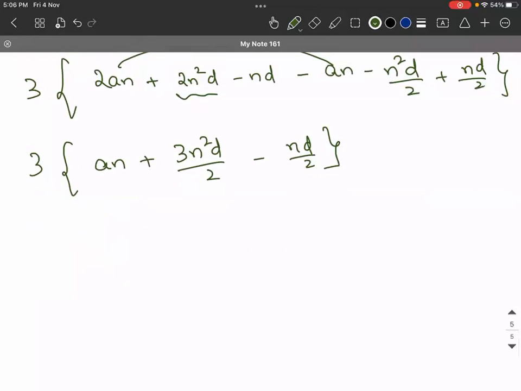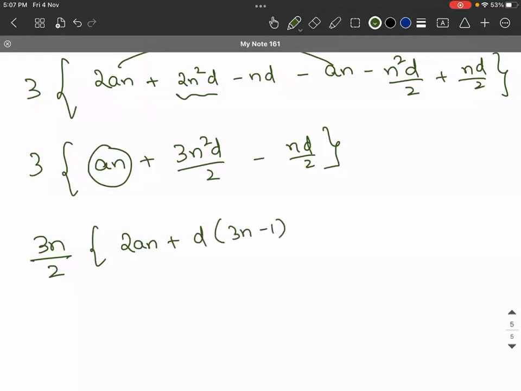Okay. So this is going to be, I will take n outside. I'll take 2 also outside so that this becomes 2an plus d into 3n minus 1. Sorry, 2a. Did you understand what I did? Yes, sir.